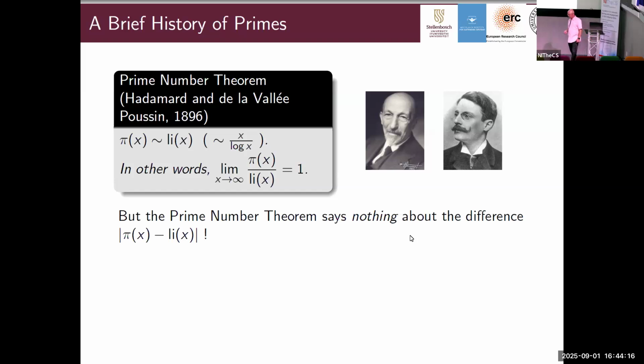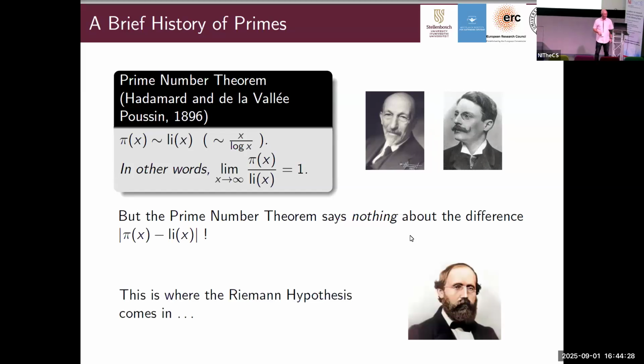Okay, fine. So pi of x and Li of x are kind of the same size, which means that if I subtract them, I get something that's smaller than the common size of them. But how much is it smaller? And this is where the Riemann hypothesis comes in. Now, one can talk a whole hour just about the Riemann hypothesis and the way it is formulated.